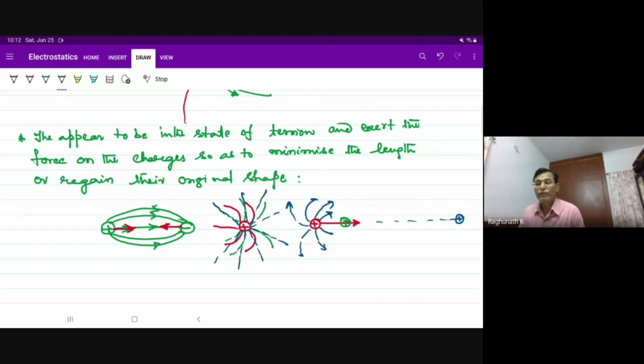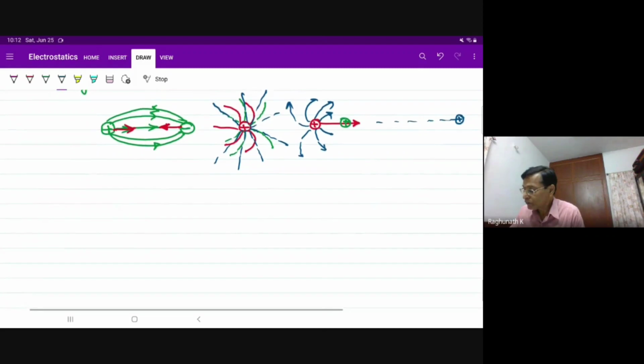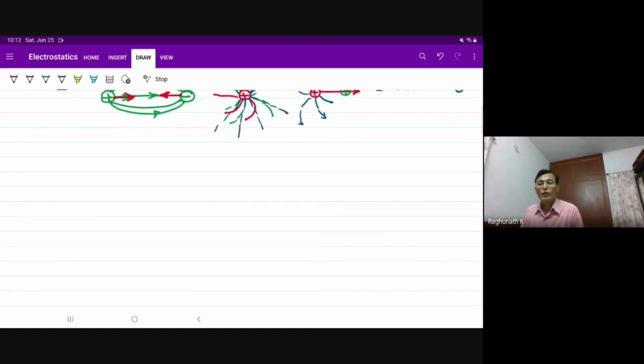Listen carefully. The extension of this: when an object is charged, normally the charge comes onto the surface.